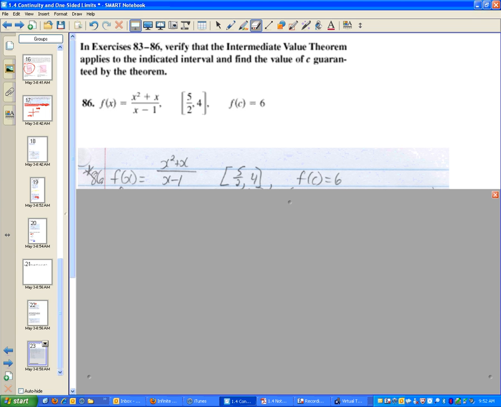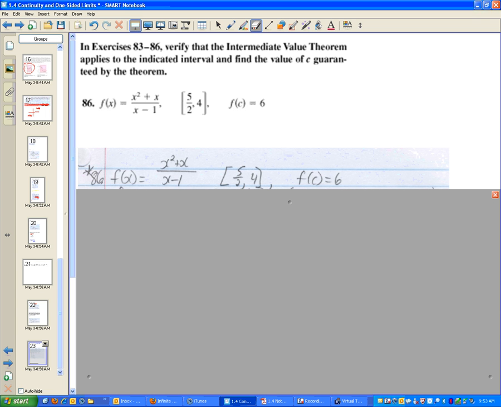We've got to have a function that's continuous on the entire closed interval, and then since we're not having to find zeros here, we'll just need to figure out what f of A and f of B equal. So f of x equals (x squared plus x) over (x minus 1). The closed interval is [5/2, 4], and f of c equals 6.